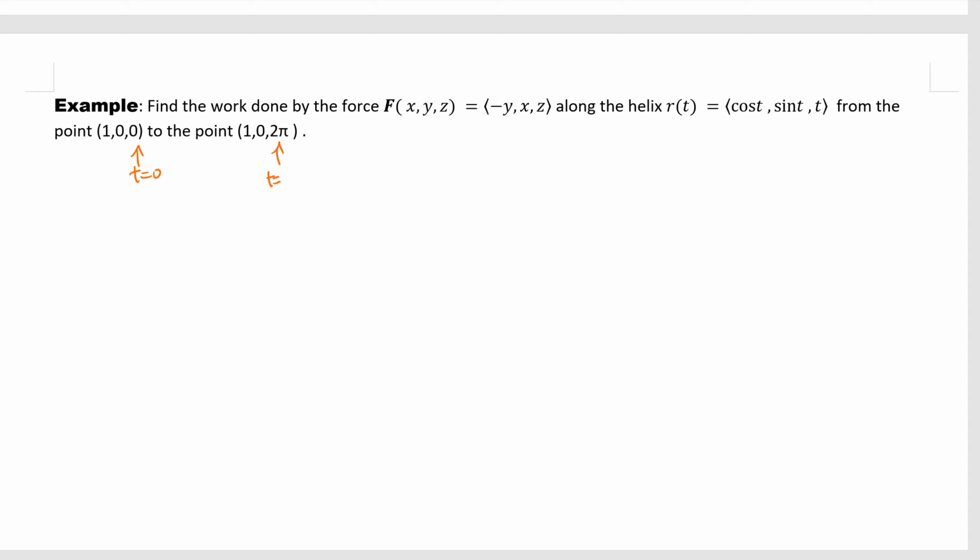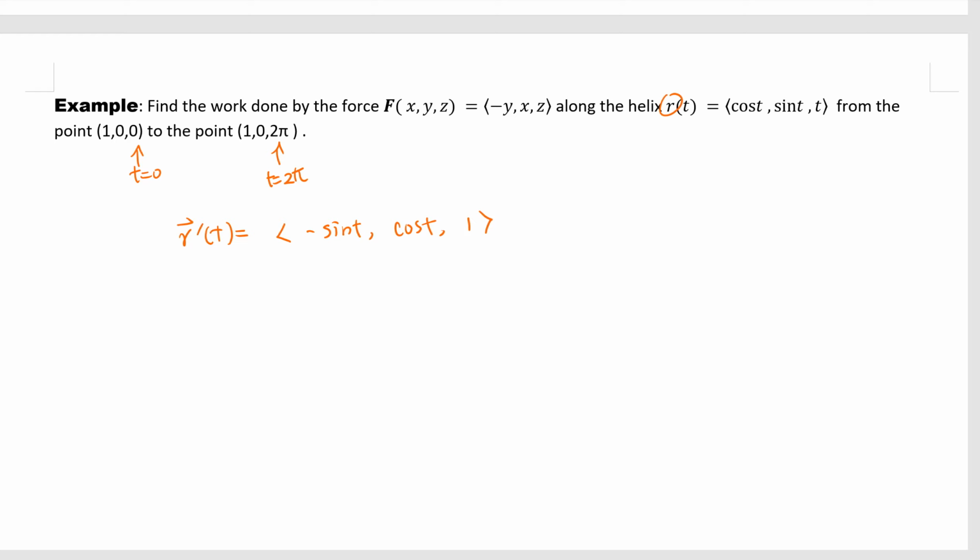This corresponds to t equals 2 pi. So what is gamma prime of t? We take the derivative of gamma of t. The derivative of cosine is minus sine t. Derivative of sine is cosine t. Derivative of t is 1.